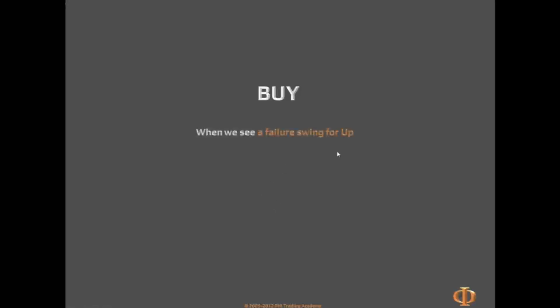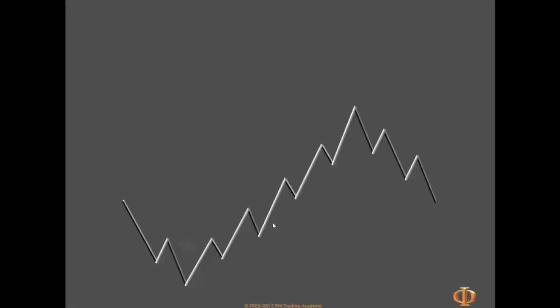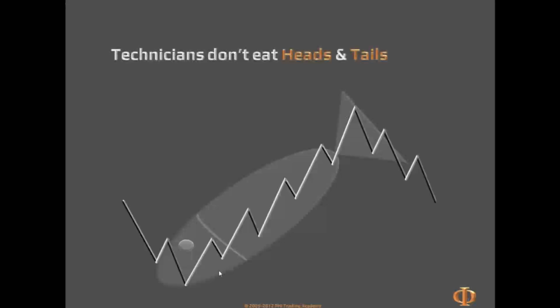So we buy when we see a failure swing for up, and we sell when we see a failure swing for down. But you have to accept that in this business, we don't eat the head and the tail of the fish. What does that mean?